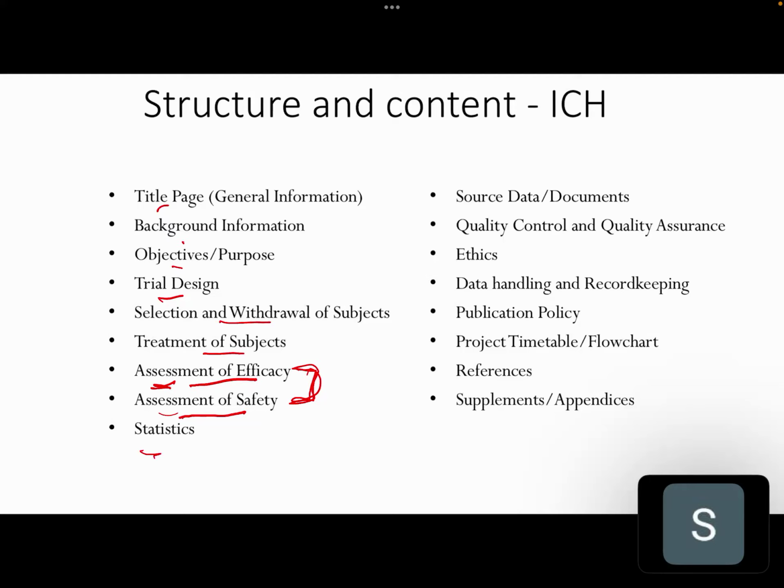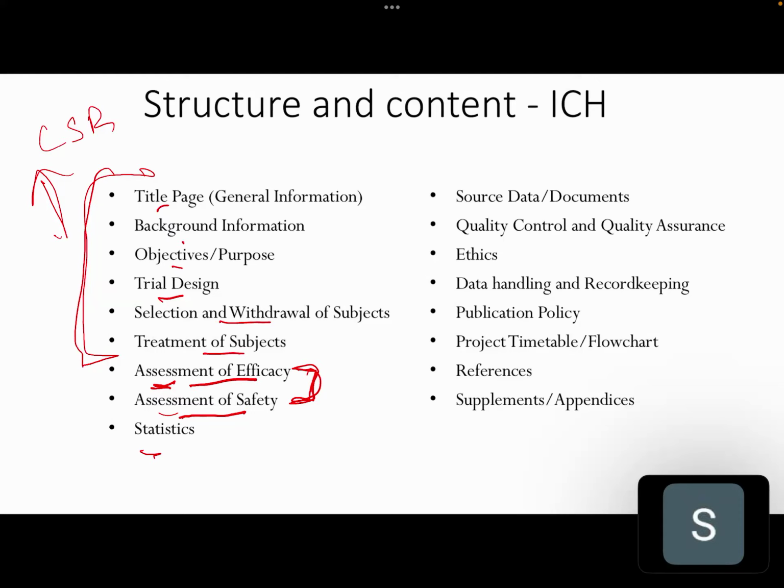Statistics section. Now, I will give you a little advanced tip. Can you see all these sections? They go as such to your clinical study report. When you are writing your clinical study report, all this information you will be copying from here into the clinical study report. The only difference is present to past.